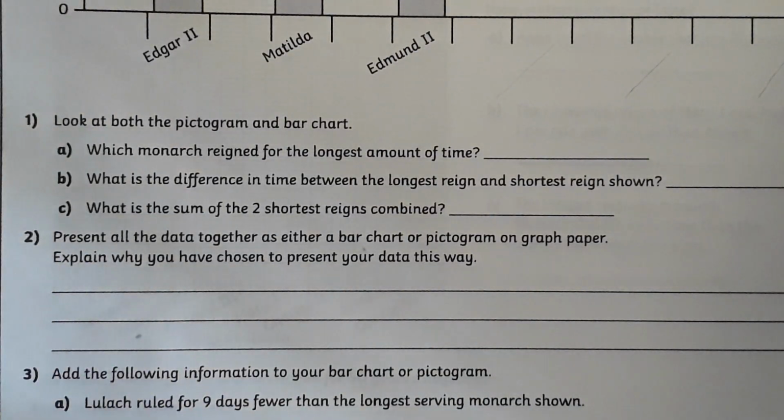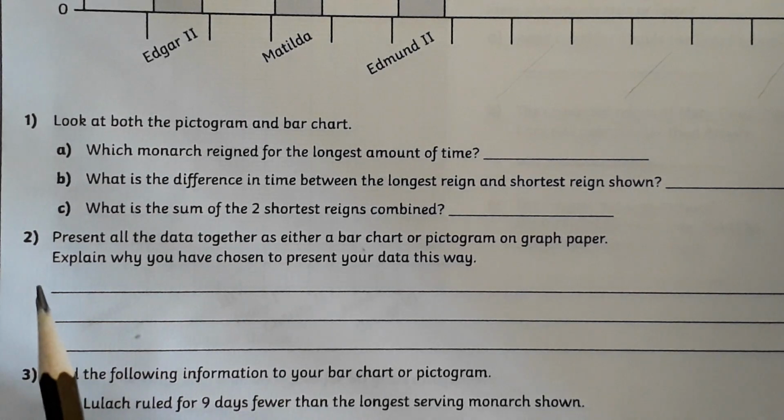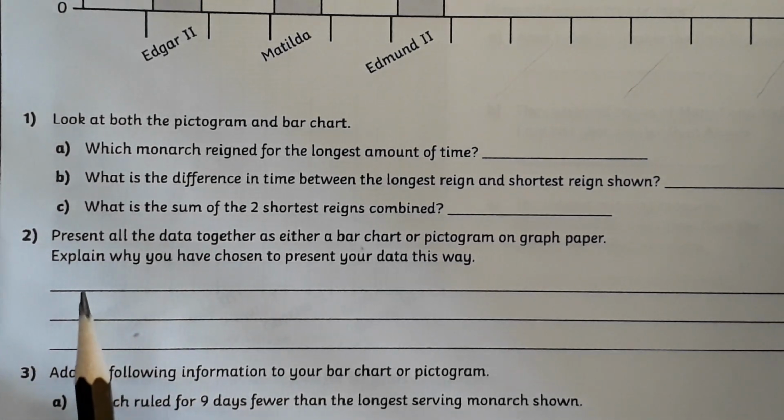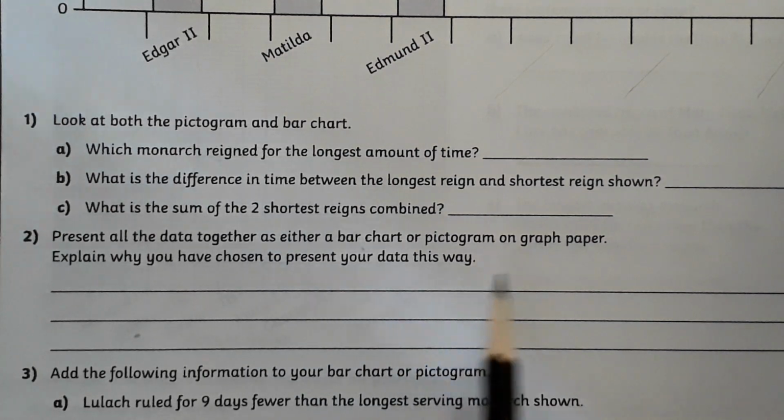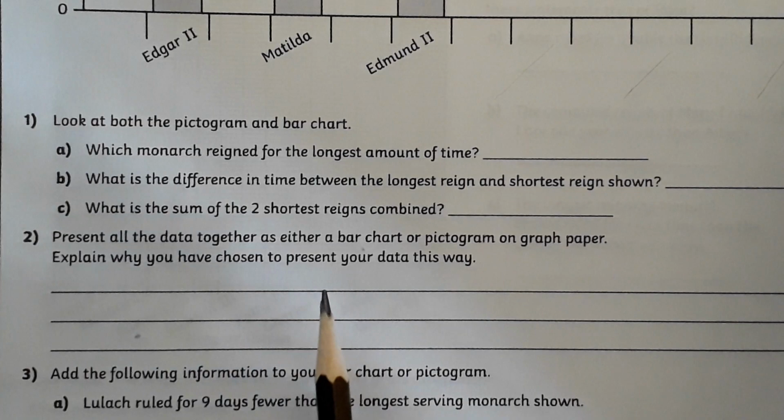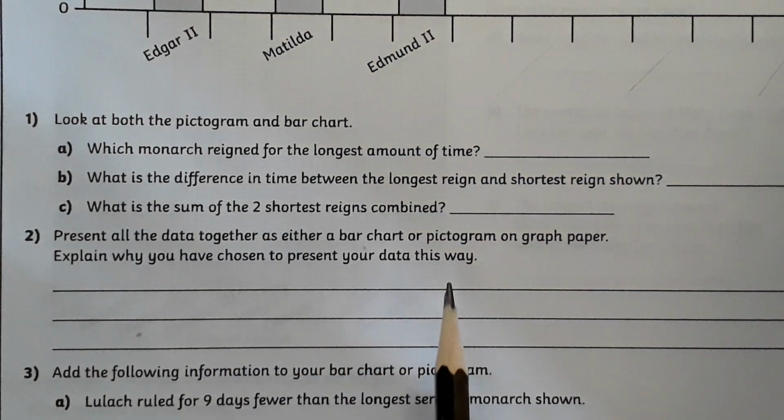And my last hint for today is to have a quick look at question 2 on sheet 2. It says present all the data together as either a bar chart or pictogram on graph paper. Explain why you have chosen to present your data this way.